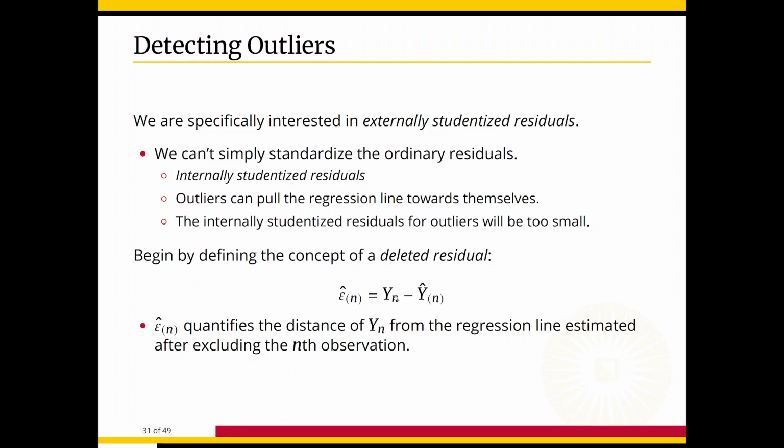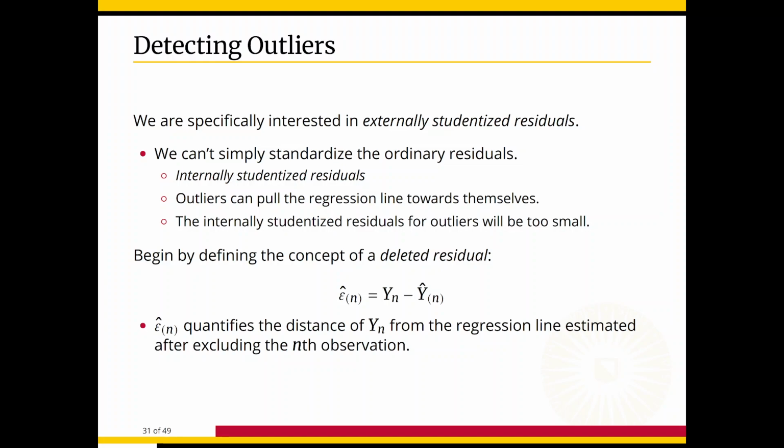So we take our nth observation, we're calculating the nth deletion residual here, and we subtract from it the y hat value for that observation, but this y hat value was calculated in a special way. This y hat value comes from a model that was estimated using all of the data except for the nth row. So basically, we calculate the y hat value using all the data except for the observation we're trying to check at this moment.